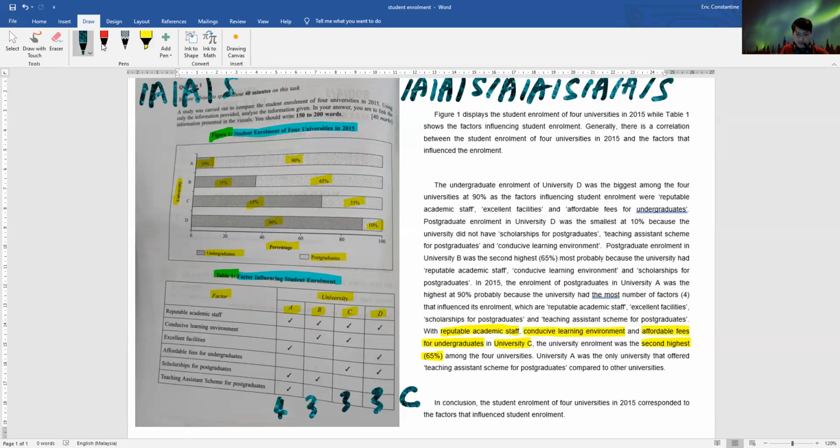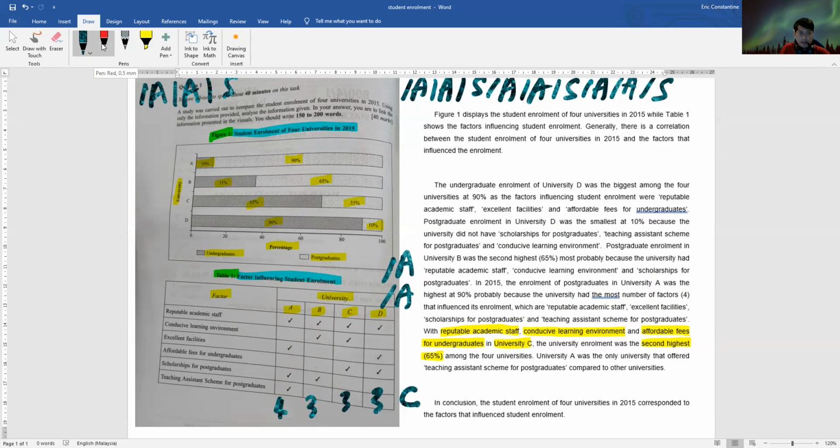So let's put here as 1A. Okay, I have 1A. I know again my key features, undergrads and university C. So I refer to my second visual, the three important factors also mentioned here. So in a way that probably the second highest because of this. So this is another technique.